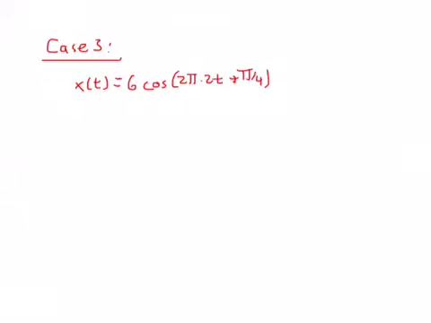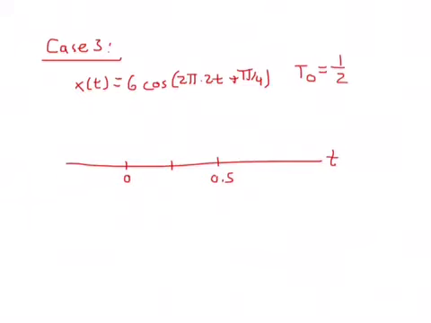So we could have sketched that signal as a function of time. Here's 0, and this is 0.5. The period here, T0, is equal to 1 over 2, 1/2, because f0 is 2.